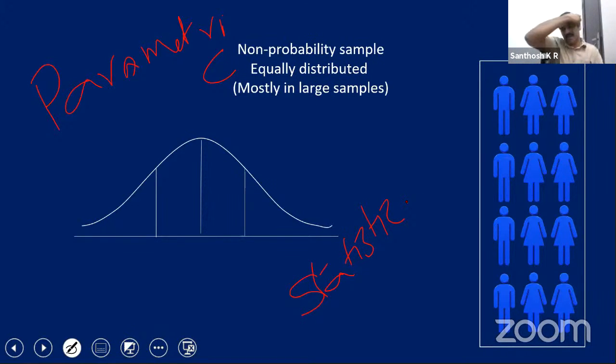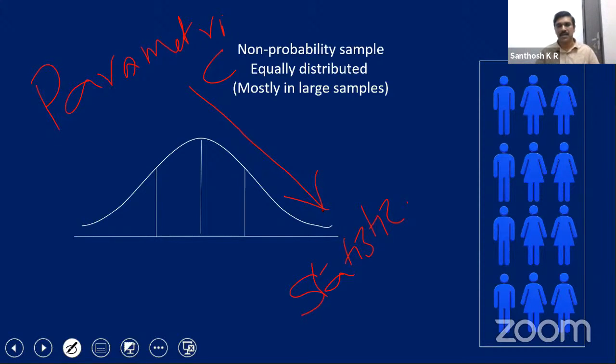So if we are doing a calculation in a representative data like this, that means a data which is exactly representative of the population, then we will mix these two terms together and call it parametric statistics.